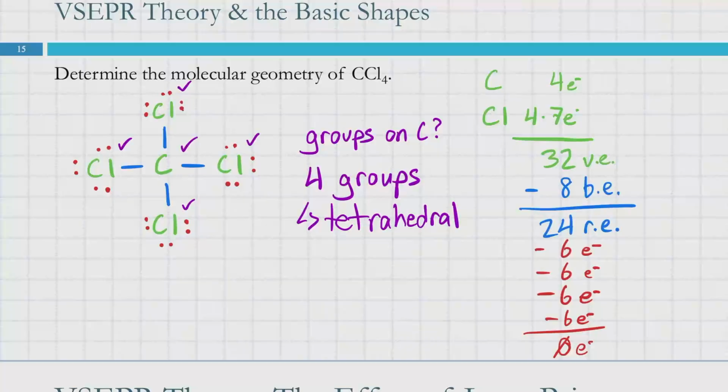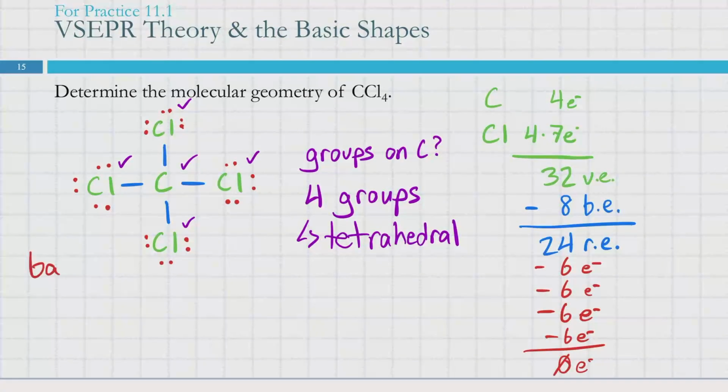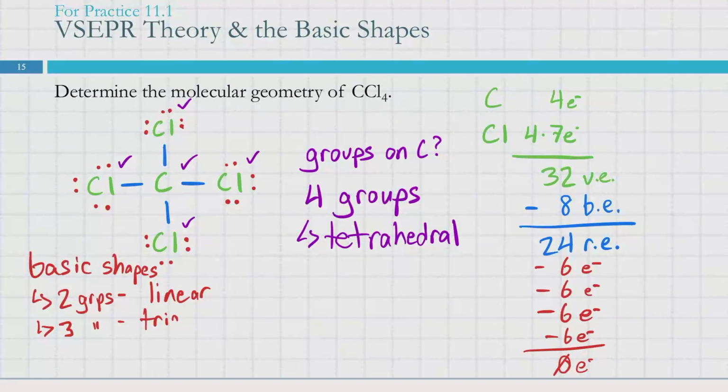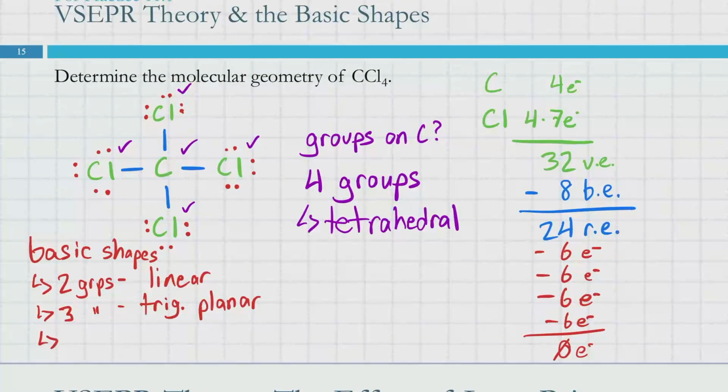Okay, so in review for our basic shapes, two groups is linear. 3 groups is trigonal planar, it's flat. 4 groups is tetrahedral. 5 groups is also trigonal, but it's 2 pyramids, it's bipyramidal.